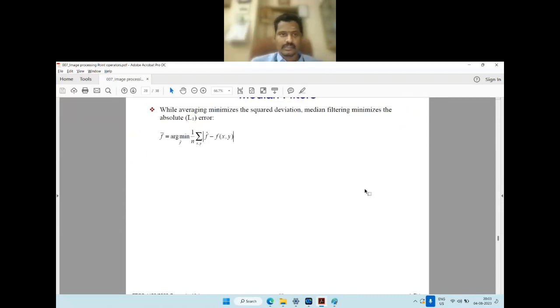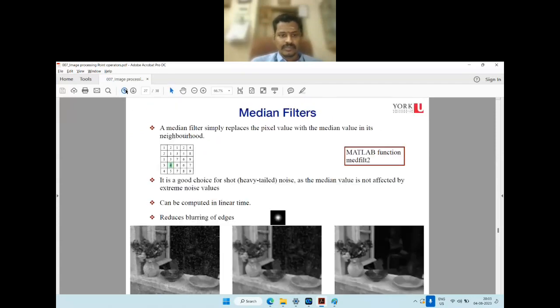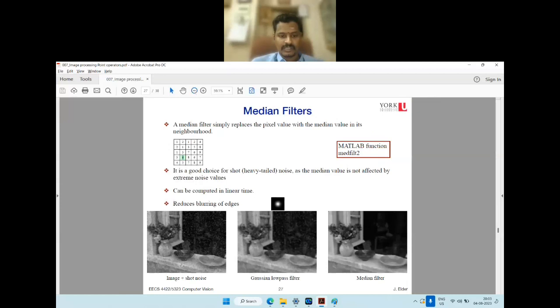So please see the difference between the image plus salt noise, then the Gaussian low pass filter, and then the median filter. Anyhow, when we apply the median filter, there will certainly be some loss of information.